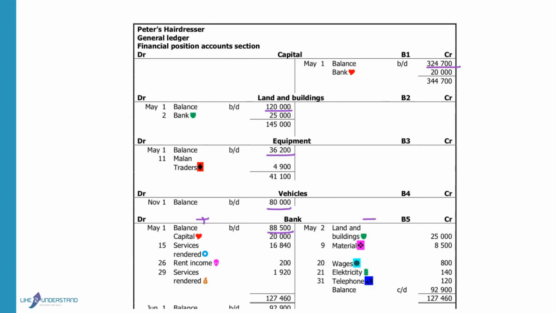Therefore, the bank will be debited with the 20,000, and we will indicate that the capital account will be credited with the 20,000. And in capital, we will show that the bank was debited. Capital is equity. Equity increases on the credit side and decrease on the debit side.